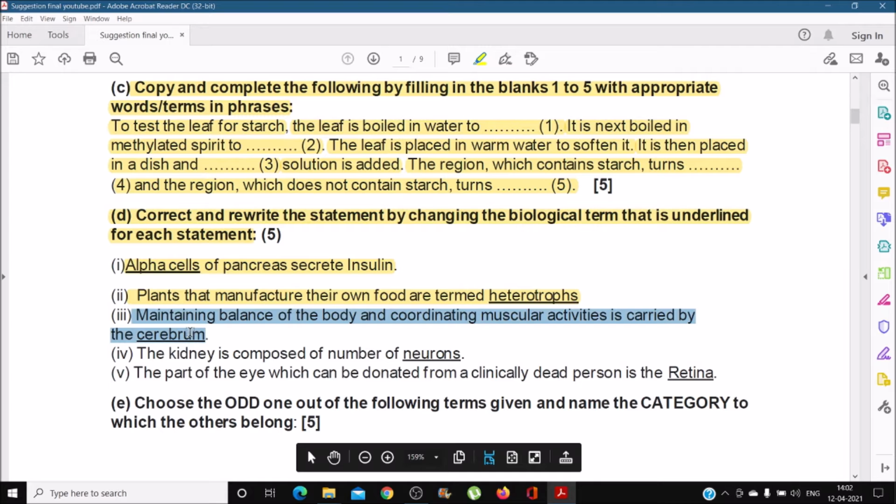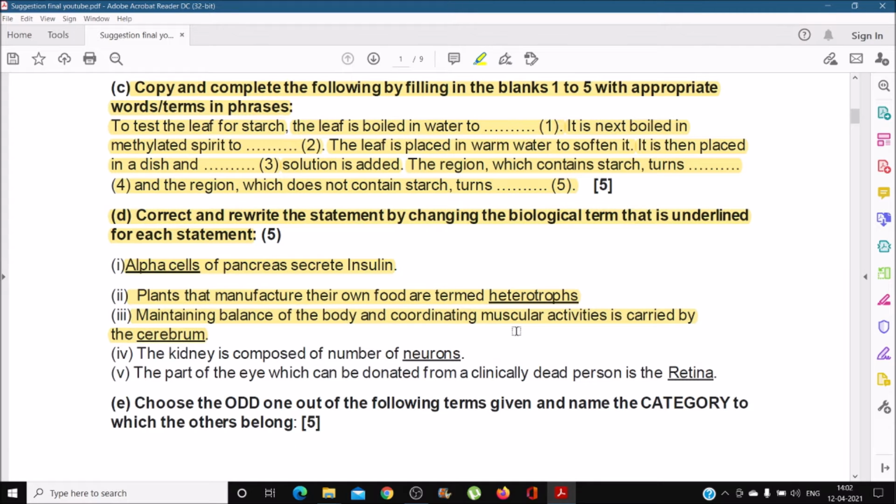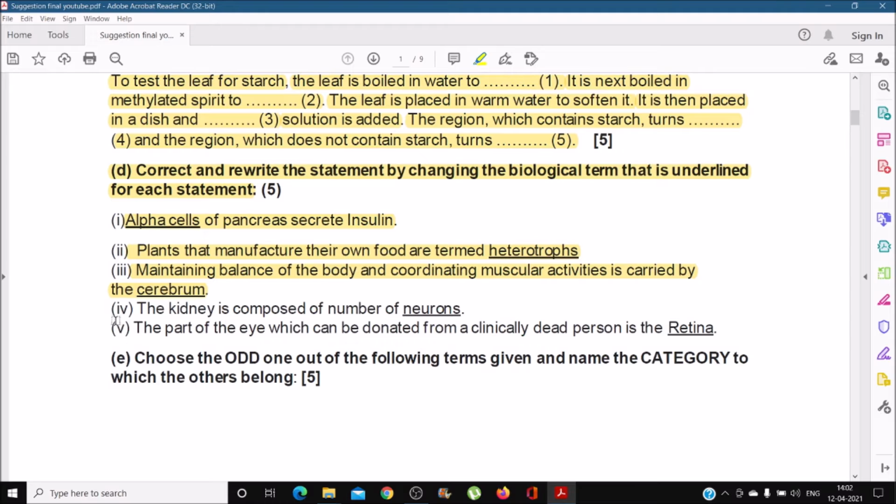Number 3. Maintaining balance of the body and coordinating muscular activities is carried out by the cerebrum. Cerebrum is underlined. Number 4. The kidney is composed of number of neurons. Neurons is underlined. Number 5.